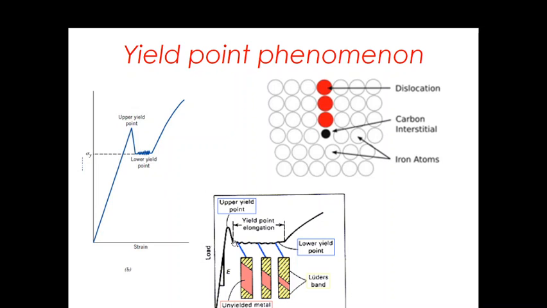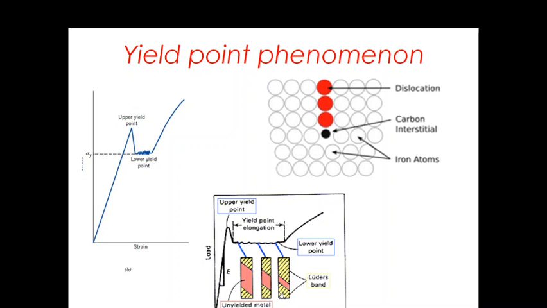At constant stress, these Luders bands propagate over the entire sample, and at this point the stress value increases again because the Luders bands have now completely covered the tensile sample.